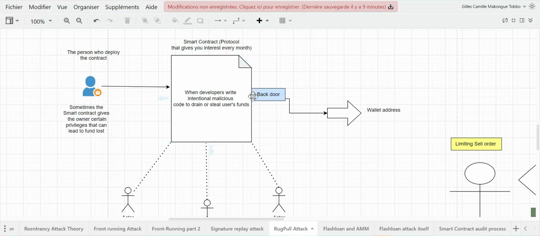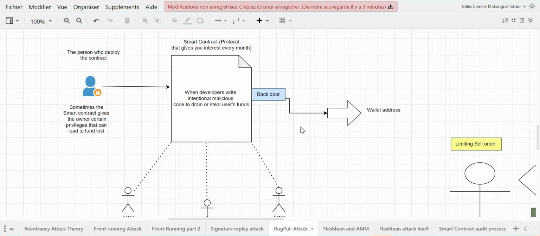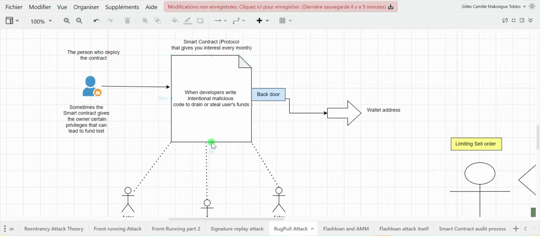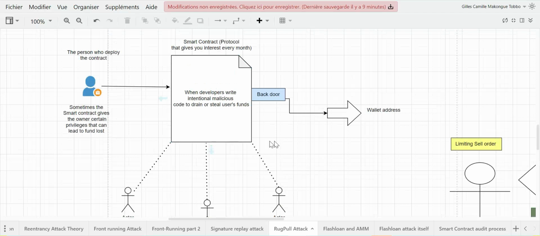They are going to use what you call a backdoor to send all that money into a specific wallet, and all these people are going to stay without their money. So this is an attack, and it's going to give a bad reputation to the blockchain and cryptocurrency space. And this is how it works.